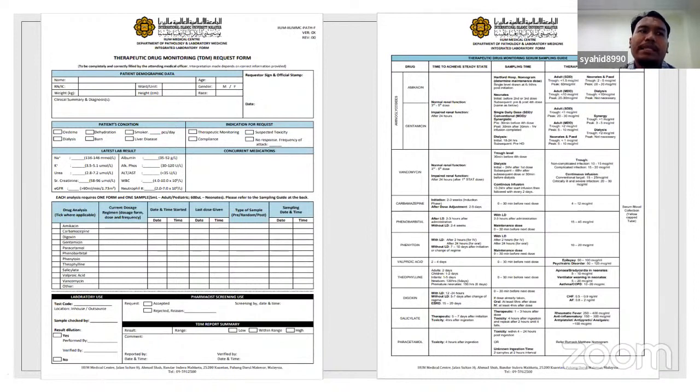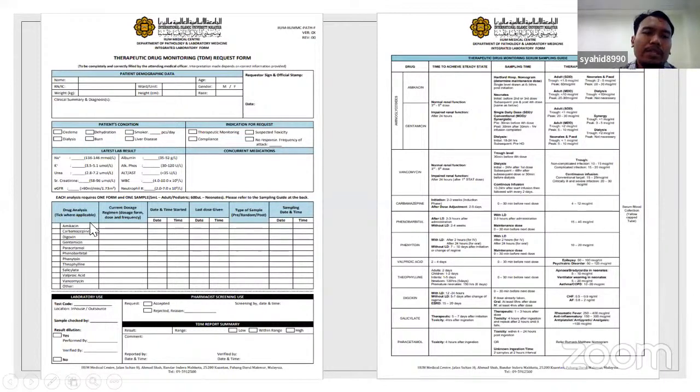For concurrent medication, if a patient is on so many drugs, you can only put the medication that you think has a major interaction with the current drug, especially for suspected toxicity, where you think other medication might also be involved and may lead to this suspected toxicity.